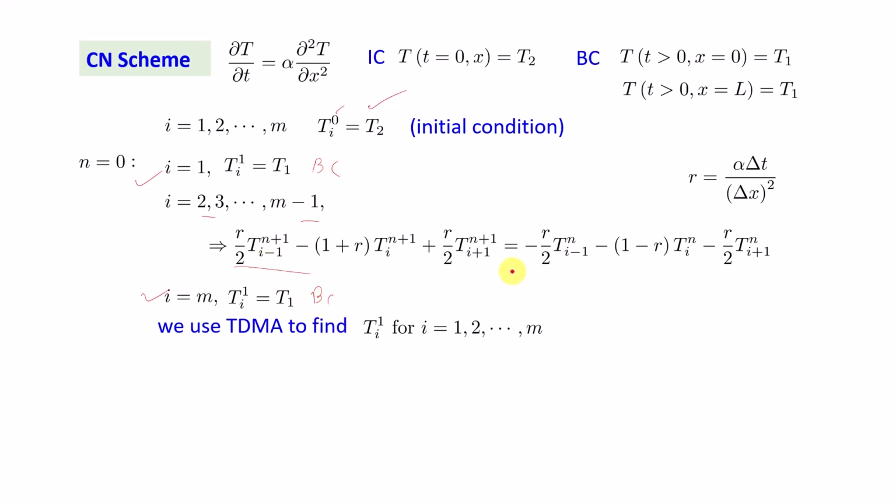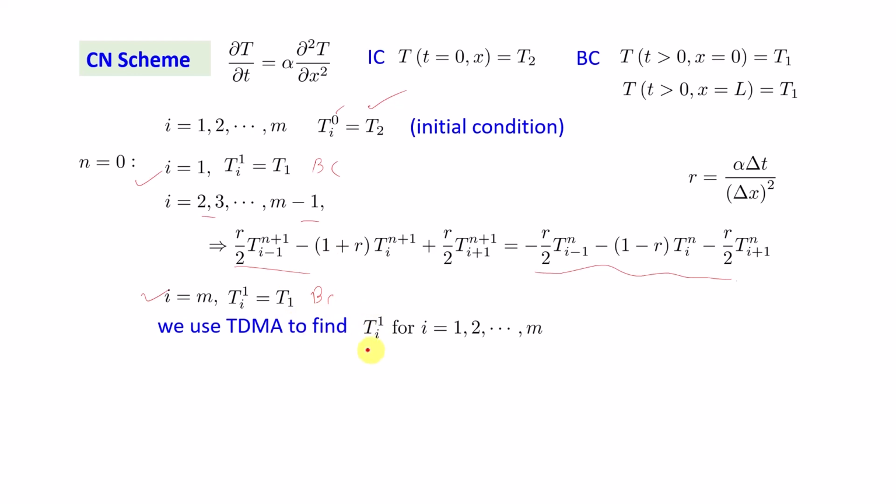Here I solve this equation very similar to the implicit equation, but the right hand side is different. R, it was R here in implicit, it is coming R by 2, it was 2R here, it is coming R, etc. So we solve TDMA and get for time level 1.